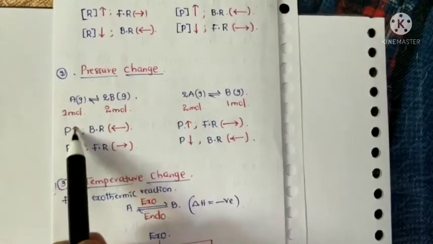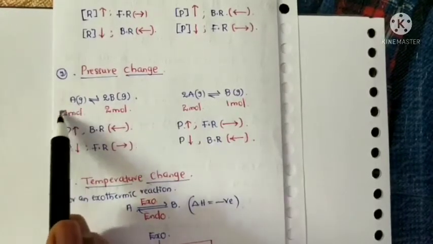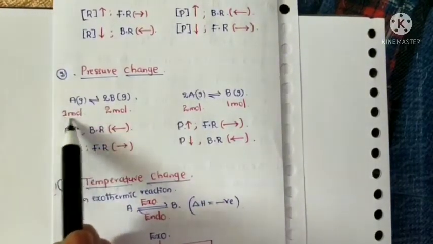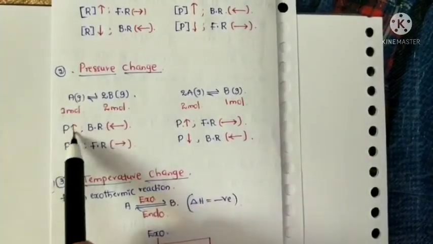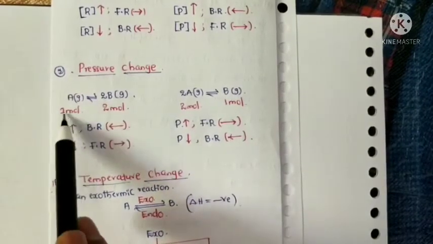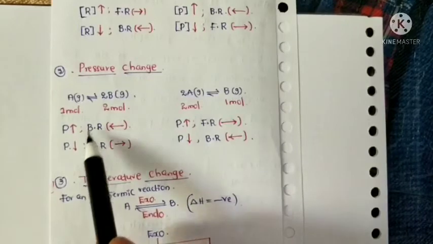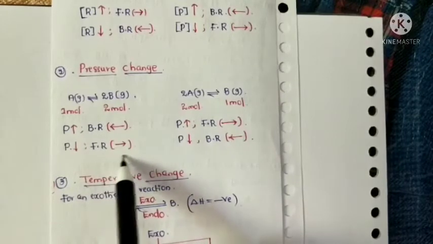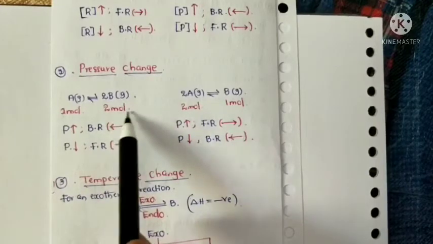Whenever the pressure increases, the equilibrium shifts to the side with fewer moles, or the volume decreases. If the pressure decreases, the forward direction is favorable, because in the forward direction the number of moles as well as the volume both increase.